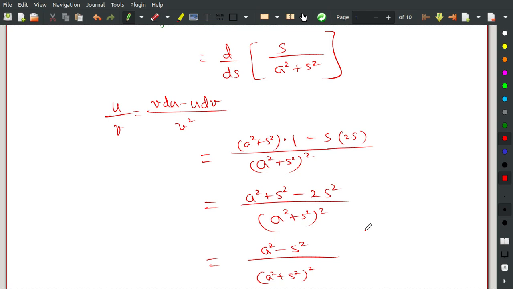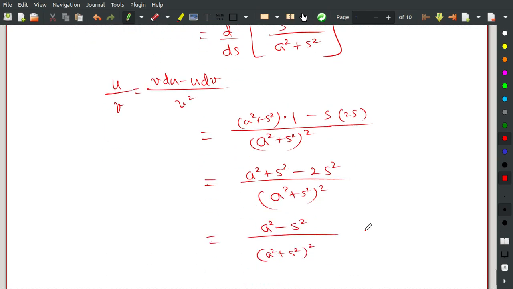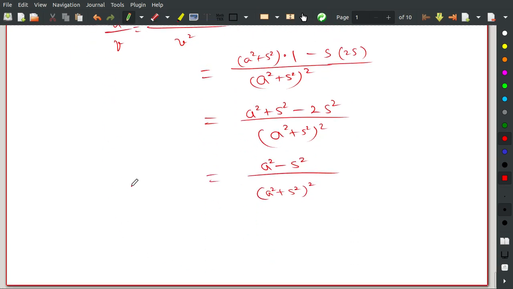So what we found here is the Fourier cosine transform of x e power minus ax equals to this one.